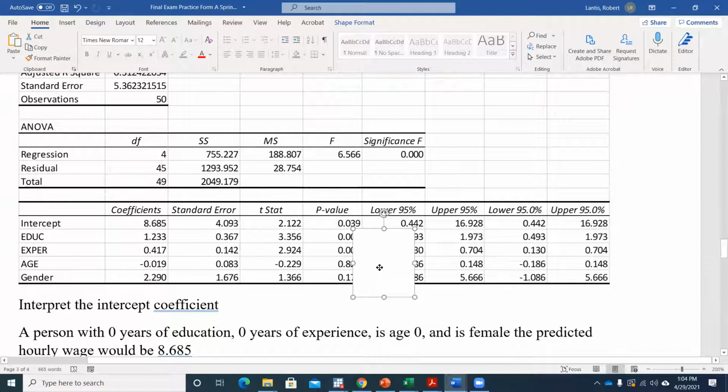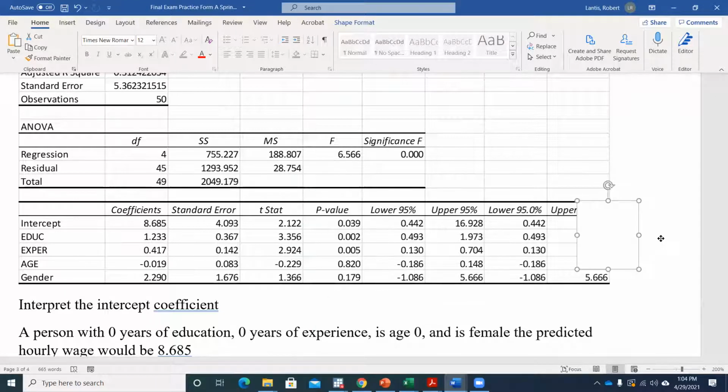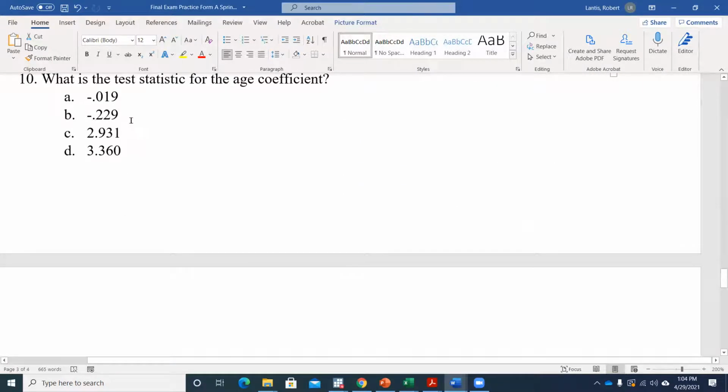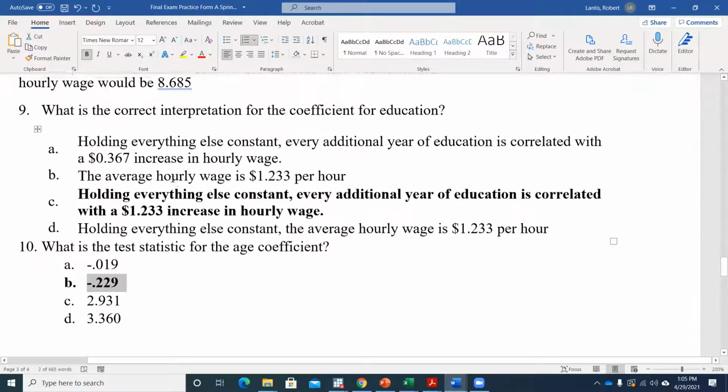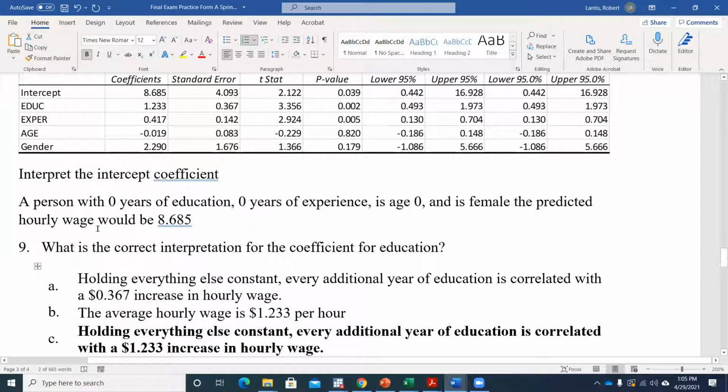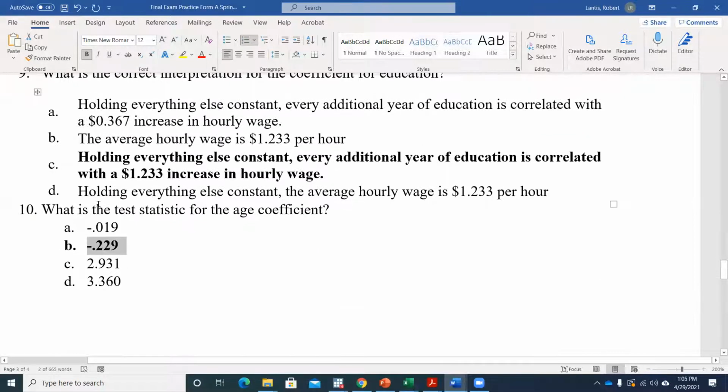I just moved it to the side. So if you really wanted to, you could recreate this test statistic column for every single variable, simply by taking the coefficient and dividing it by the standard error. It's that easy. Any questions over anything there? The added question, finding these test statistics? Like I said, this should be really easy points.